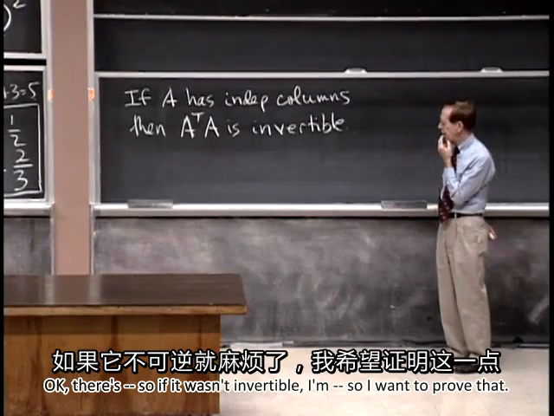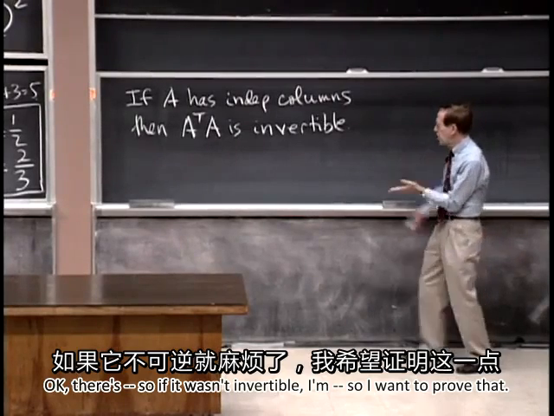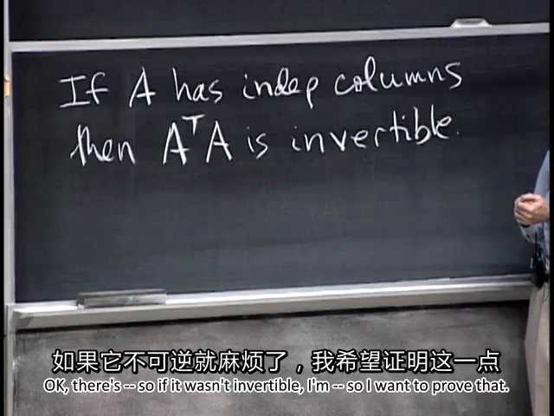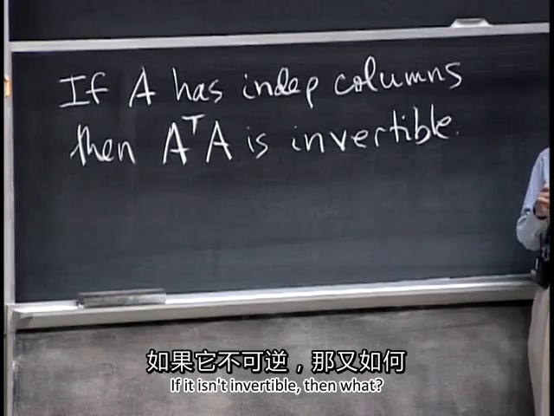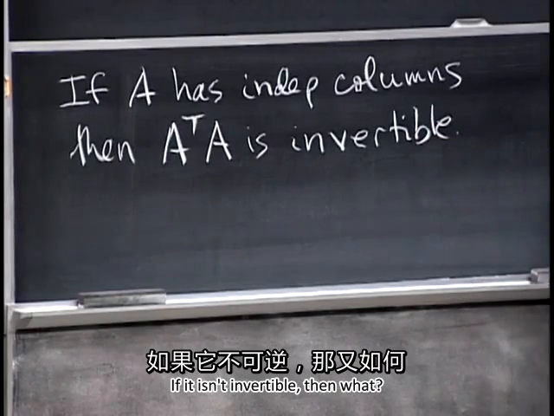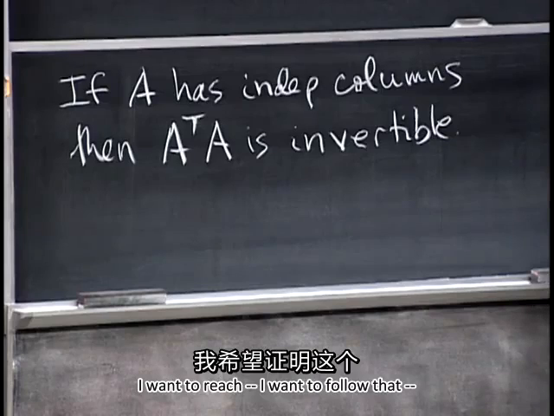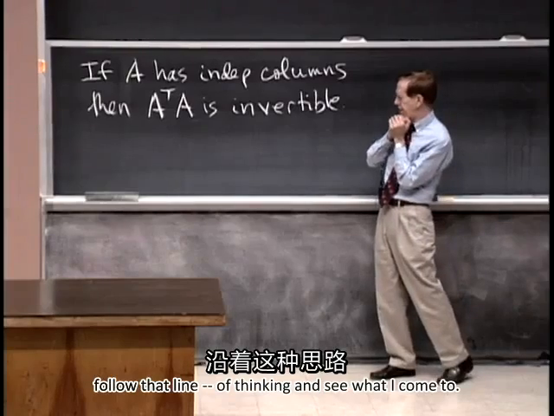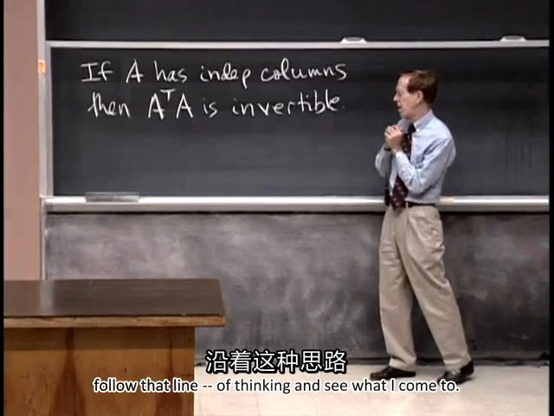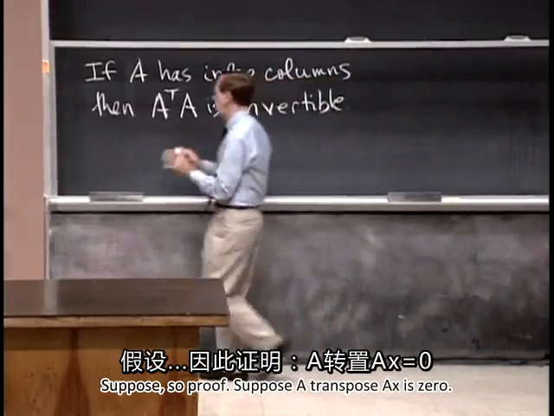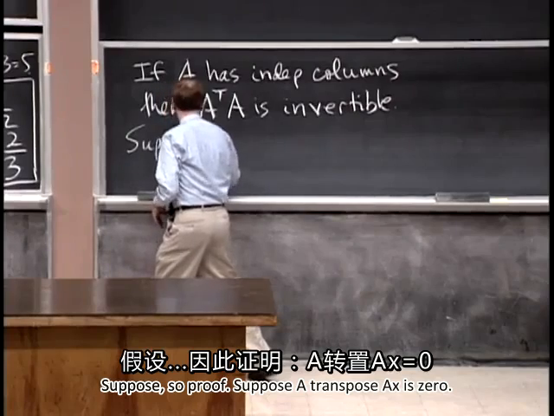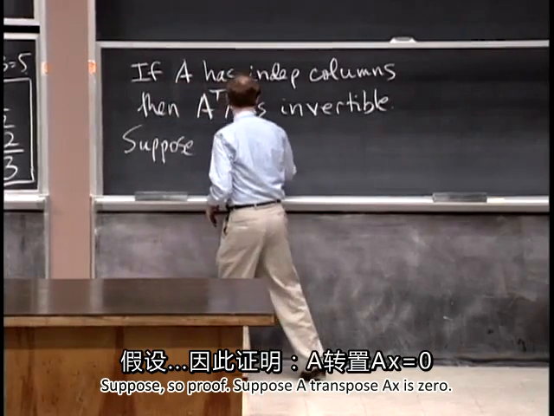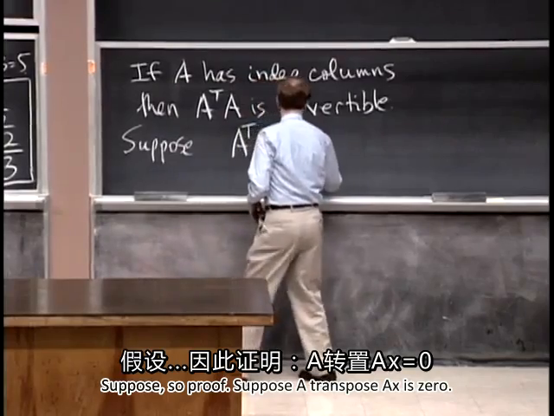Okay, I guess I'm wondering, so if it wasn't invertible, so I want to prove that. If it isn't invertible, then what? I want to follow that line of thinking and see what I come to. So proof: suppose A transpose A x is 0.